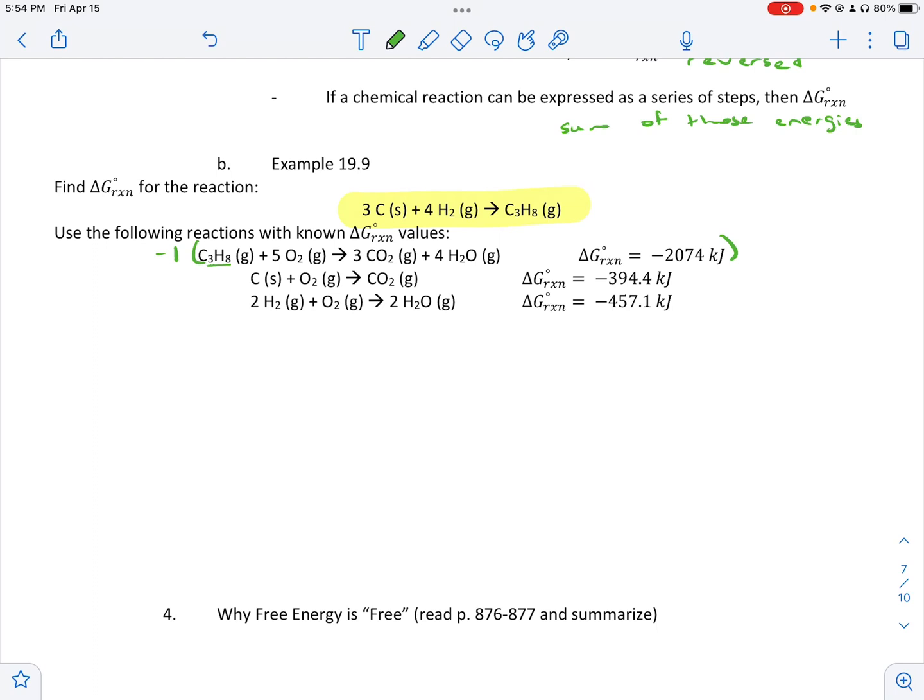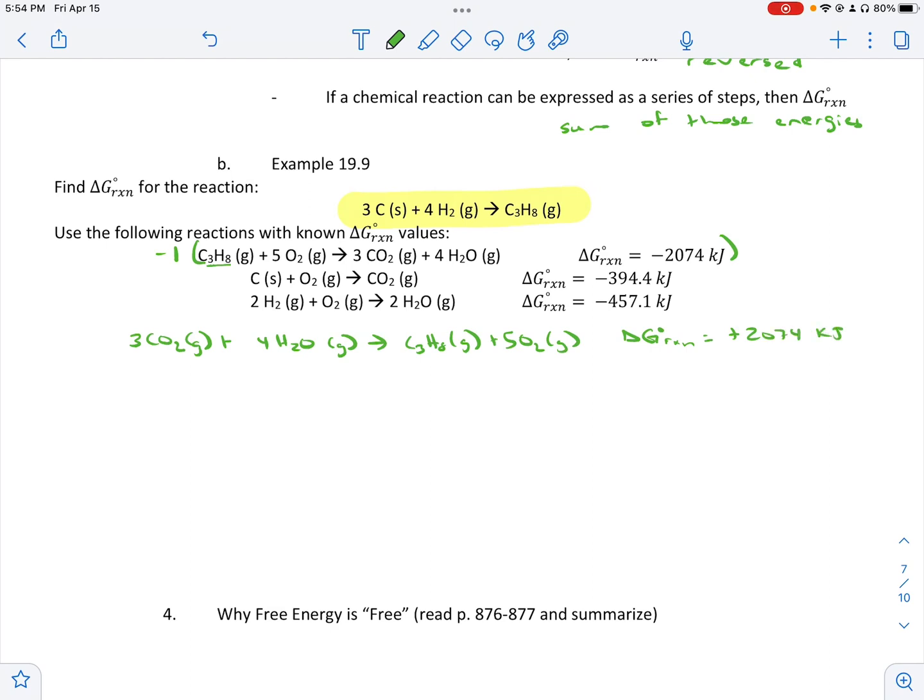When we reverse that reaction, it's going to look like 3 CO2 plus 4 H2Os gives us C3H8 and 5 O2s. And so our delta G naught of reaction is going to be a positive 2074.